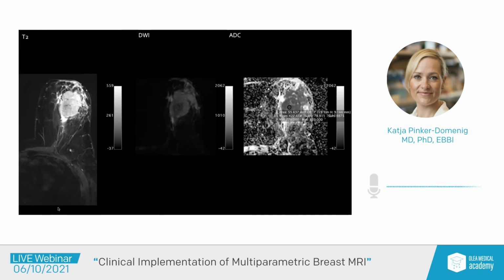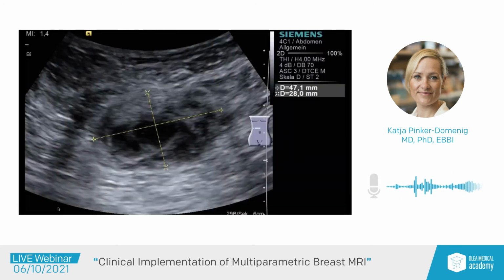We have perifocal edema on the T2 weighted imaging. We have restricted diffusivity. We have ADC values, and this is what I want to draw your attention to, 0.4. And when she came back for the biopsy, 9 days later, I actually had to use the abdomen probe to get the lesion in the full field of view.